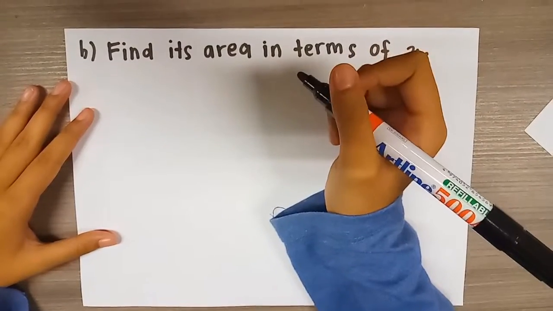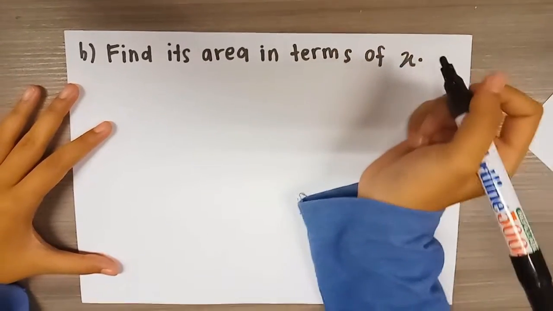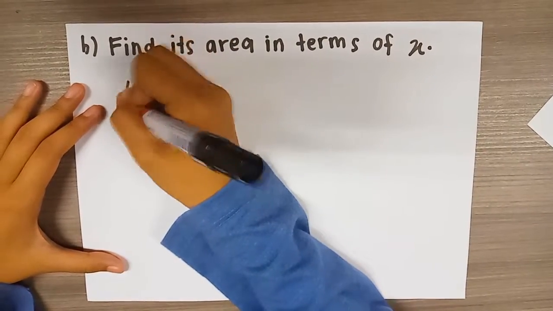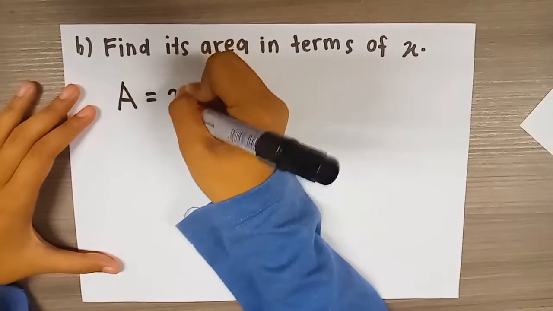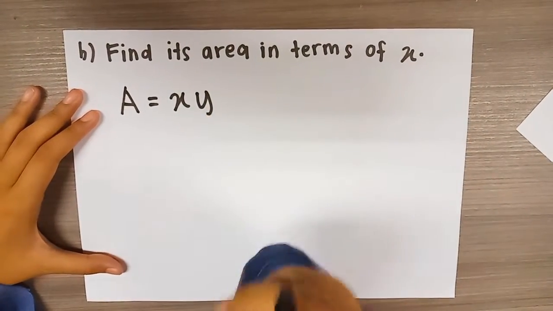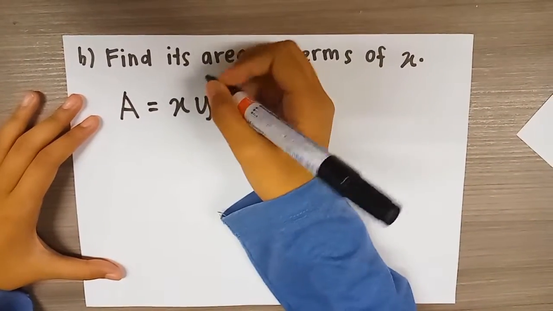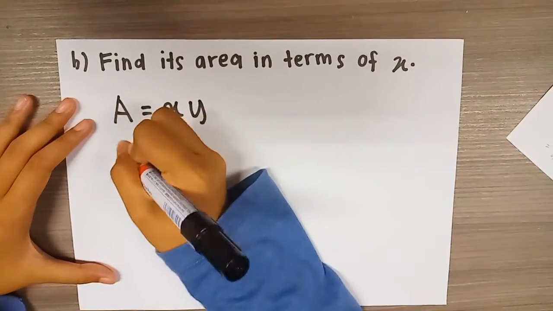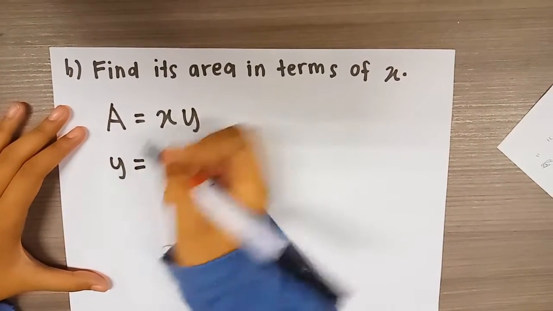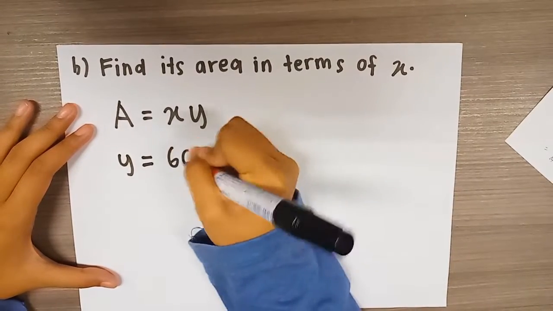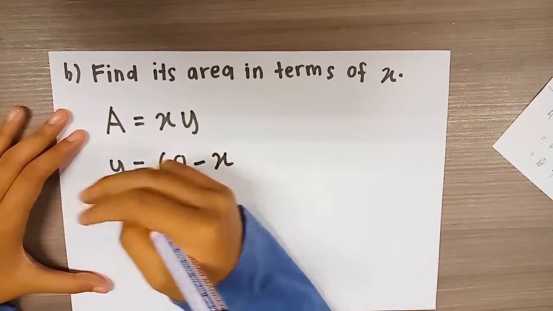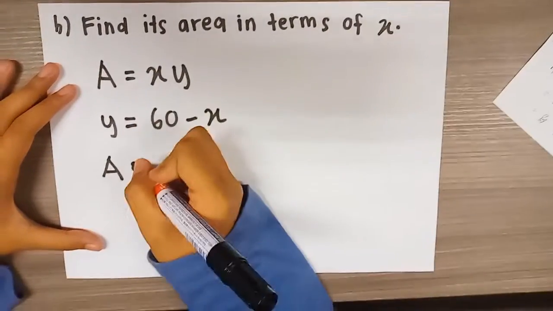For question B, find its area in terms of x. As we know, the area for a rectangle is A equals xy, where x is the length and y is the width. So we substitute y, which is 60 minus x, into the area equation.